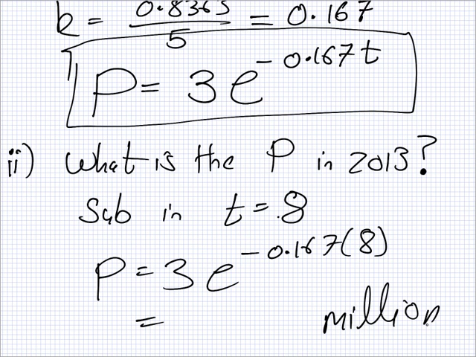How do we get that T is 8? 2013 minus 2005. Yeah, put the E in the calculator. Did you find it? Okay, got it.